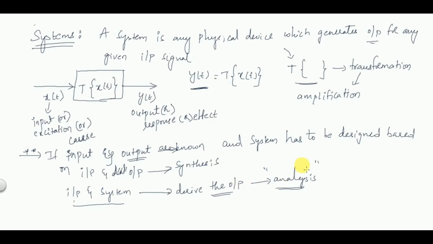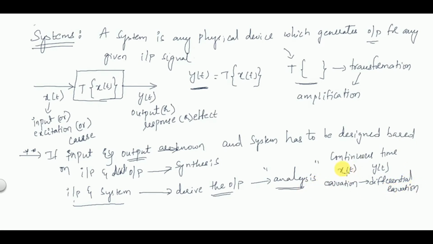So in continuous time signals, input is continuous x of t and output is also continuous y of t. The equation which relates x of t and y of t is called a differential equation.